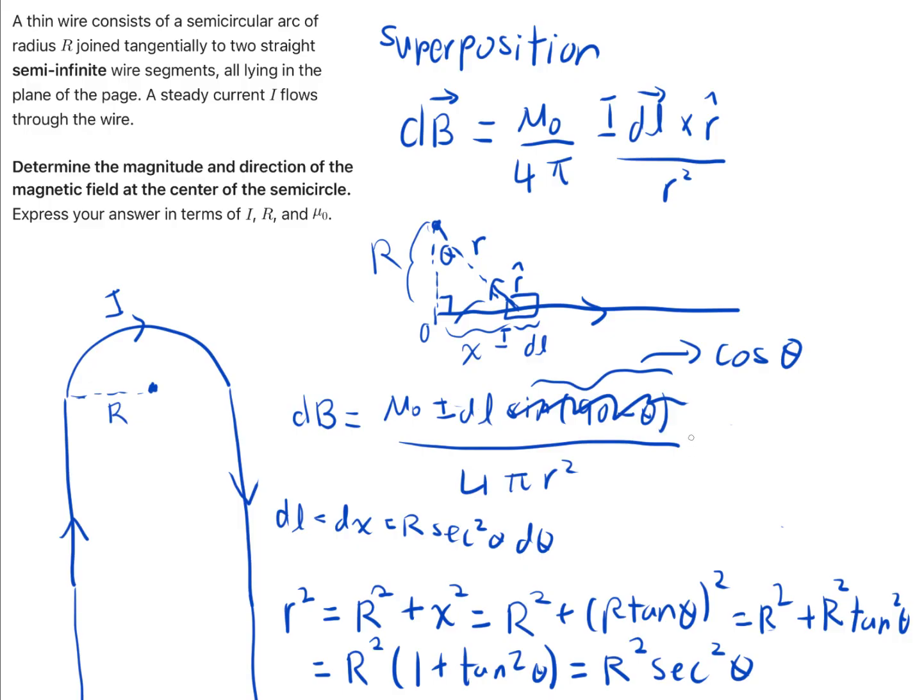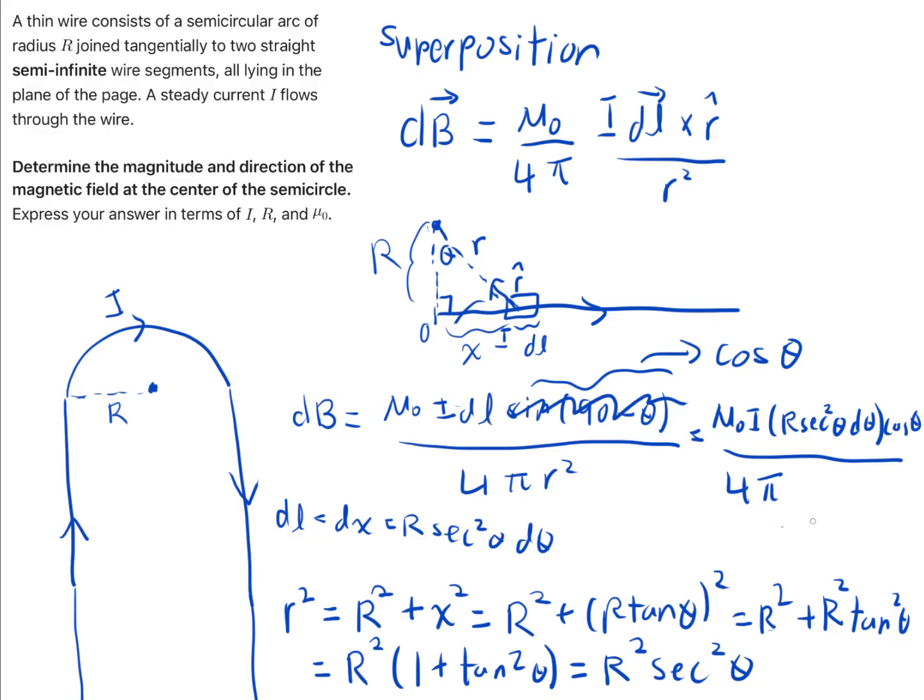So then dB equals mu naught I. dl is R times secant squared of theta d theta. And then sine of 90 minus theta becomes cosine of theta. And then it's divided by 4 pi.